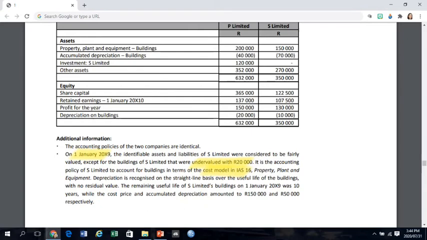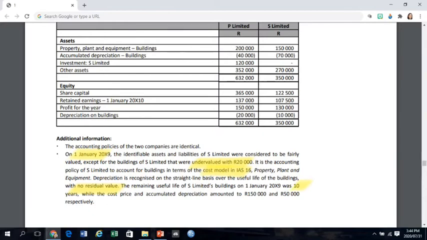Depreciation is recognized on the straight line basis over the useful life of the buildings with no estimated current residual value. The remaining useful life of S's buildings on 1 January 20X9 on acquisition date was 10 years.